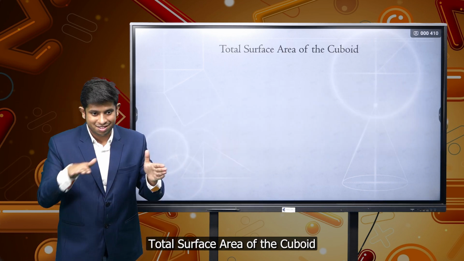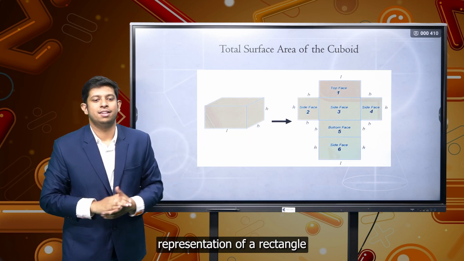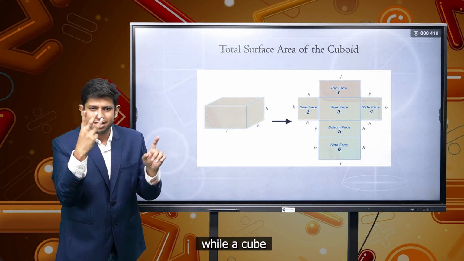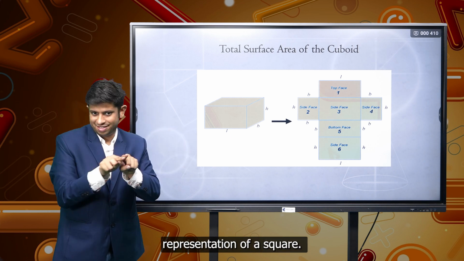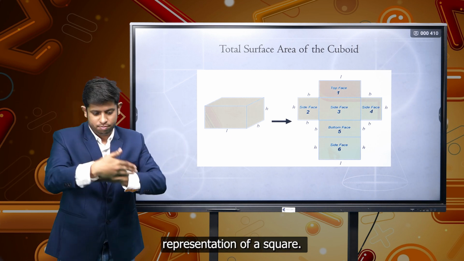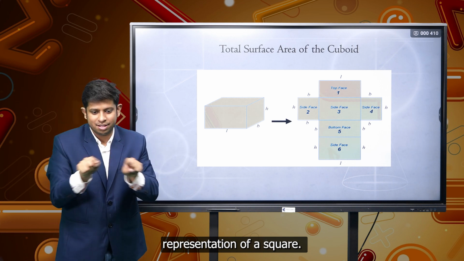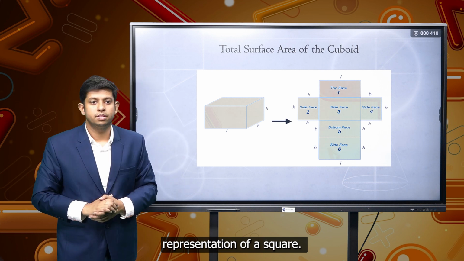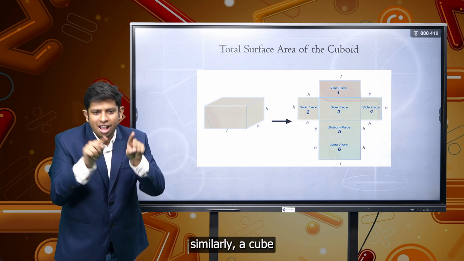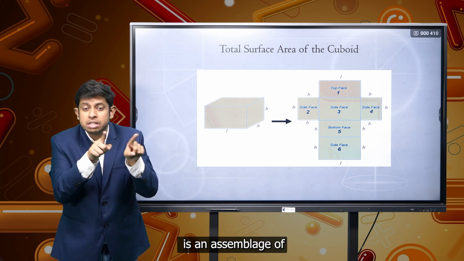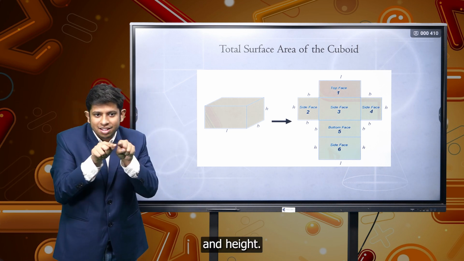Total surface area of the cuboid. A cuboid is a three-dimensional representation of a rectangle, while a cube is a three-dimensional representation of a square. A cuboid is an assemblage of rectangular pieces. Similarly, a cube is an assemblage of square-shaped pieces in length, breadth and height.